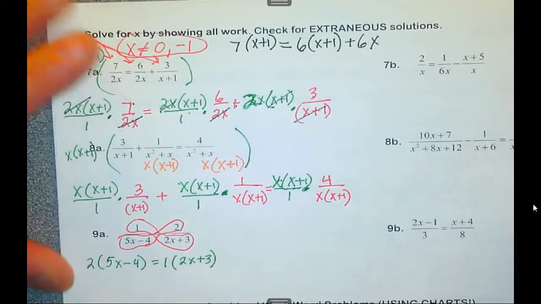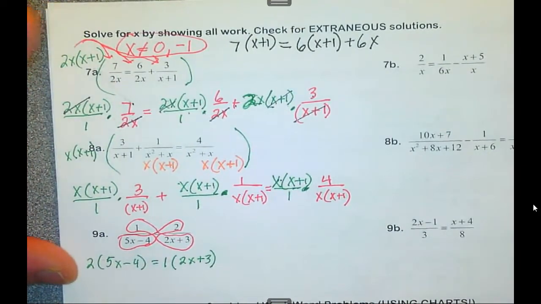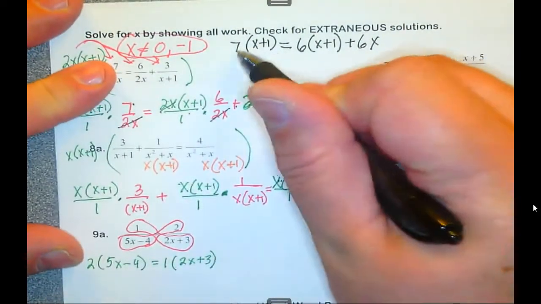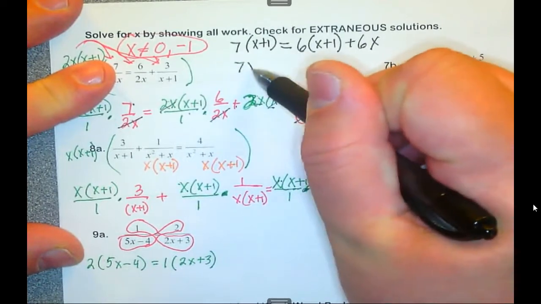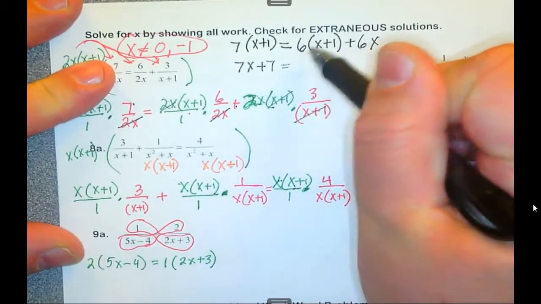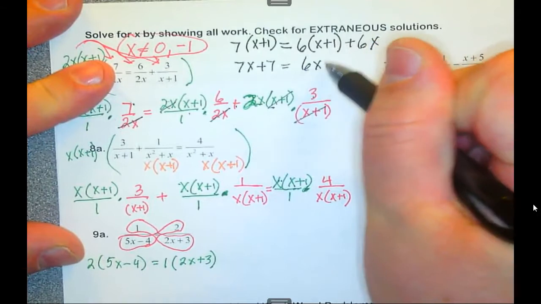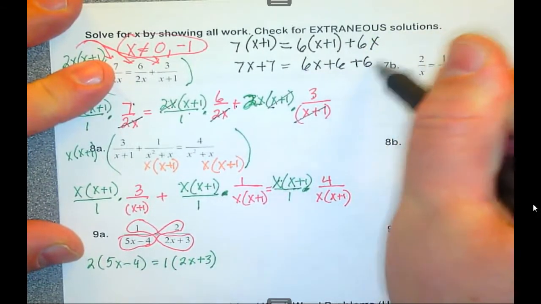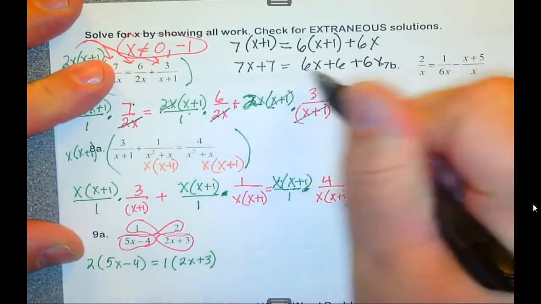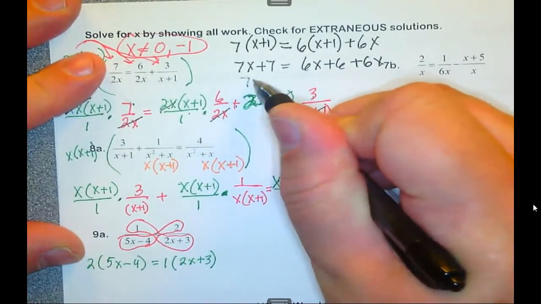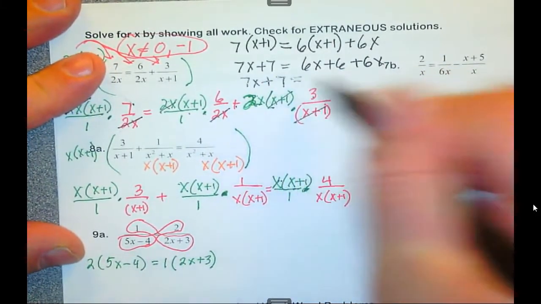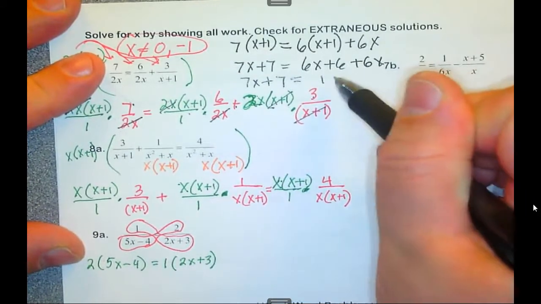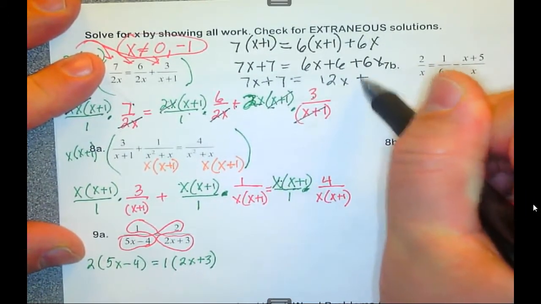This becomes a 2-3 step simple algebra 1 problem. Distribute the 7, 7x plus 7 equals distribute the 6, 6x plus 6 plus 6x. Combine like terms, 7x plus 7 equals 12x plus 6.